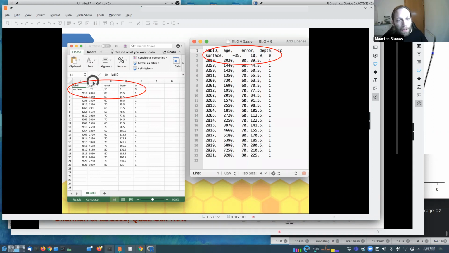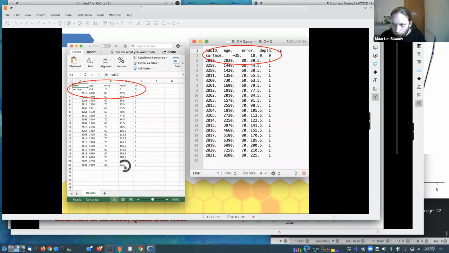The second column is the age, which can be a radiocarbon age or a calendar age. If it's a calendar age, it should be in cal BP, not in AD or BC. The third column is the error, which should always be larger than 0. The fourth column, which could be the last column, is depth. This is the midpoint of the dated depth.